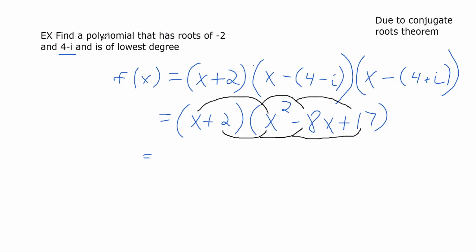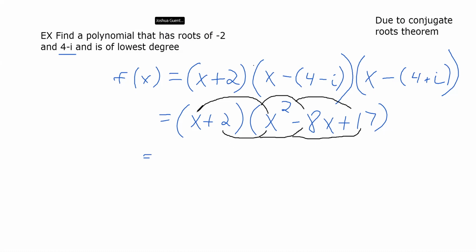And now you can see why these get cumbersome. It's not necessarily difficult what we did. The only real new thing we learned here was that we have to include the complex conjugate of 4 minus i as a root here. That's all we learned new. This is just the tedious work, the heavy lifting we have to do.